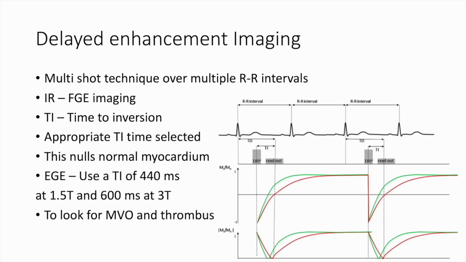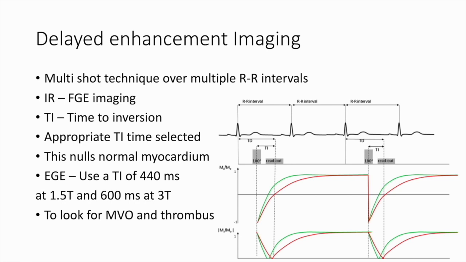Delayed enhancement imaging uses a multi-shot technique over multiple RR intervals. It is based on an inversion recovery fast gradient echo sequence with a fixed inversion time to null the normal myocardium. The TI time is selected using the TI scout images.